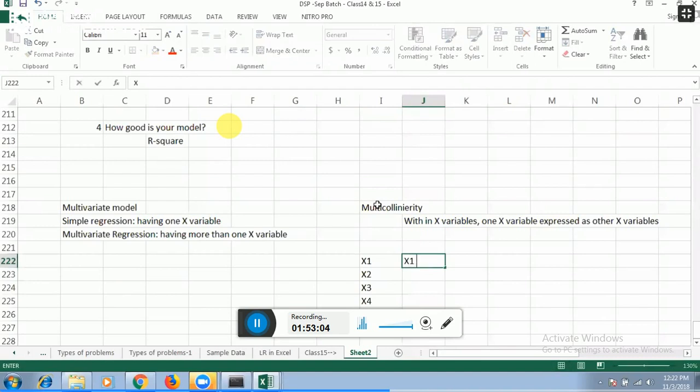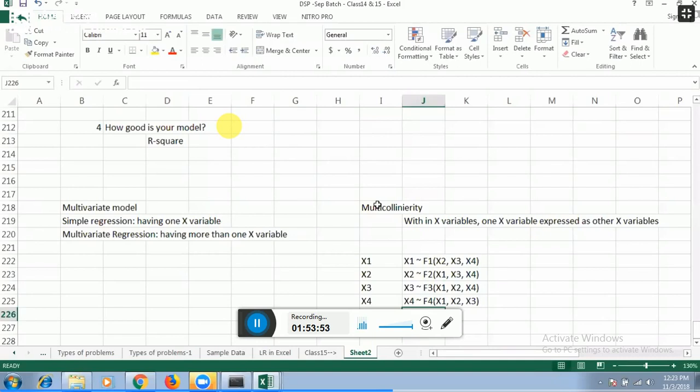That means I am able to write x1 as a function of x2, x3, x4. x2 is a function of x1, x3, x4. x3 is a function of... Are you able to follow me?